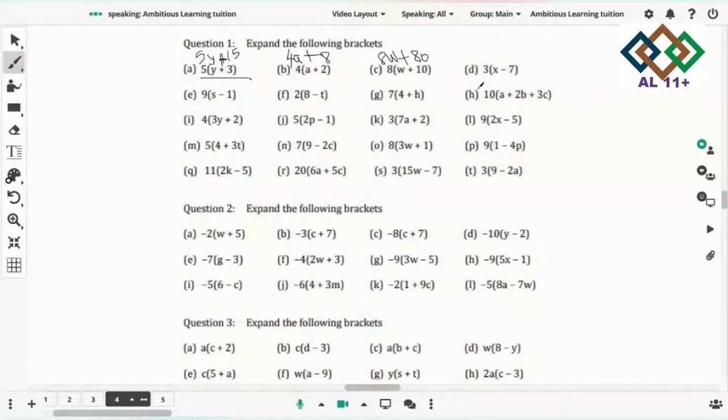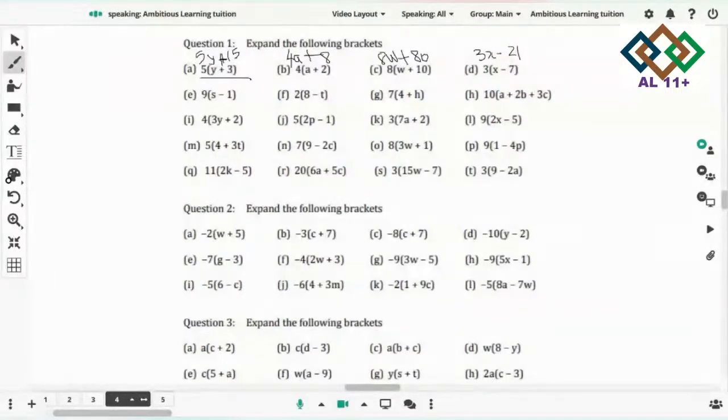So when I open the brackets, I will have 3x minus 21. And there's one thing all of you should know: your tables really well. Because everything you do, algebra, fractions, ratio, decimals, for everything, your tables should be very, very nice.